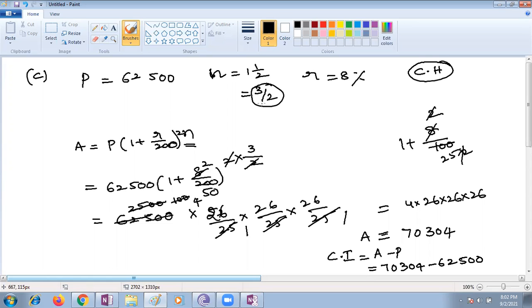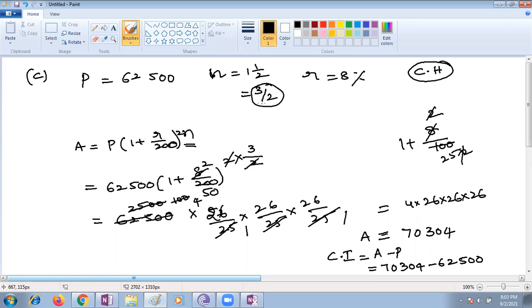Come on, first use your principal amount 8,000, rate of interest 9%. 8,000 into 1 plus 9 by 200 whole power 2, which is 8,000 into 209 by 200 whole power 2. But you said that is also correct, Nityasri. We can make the rate of interest half and go like that also. It is also correct. You will get the same answer.